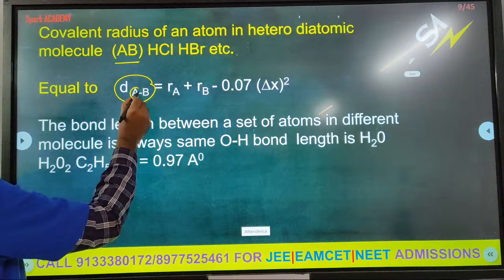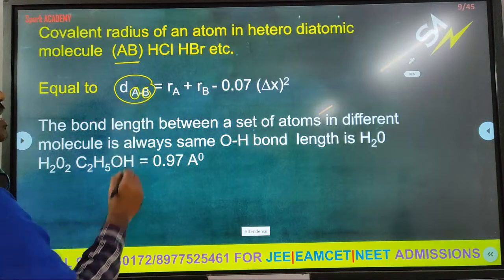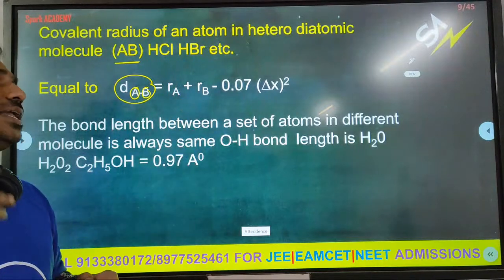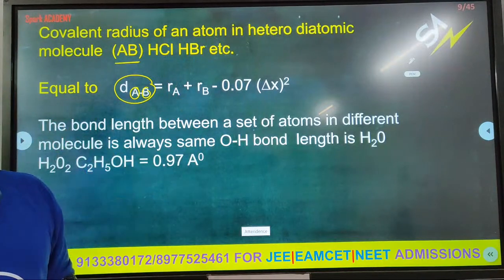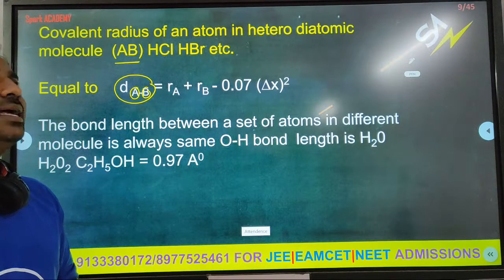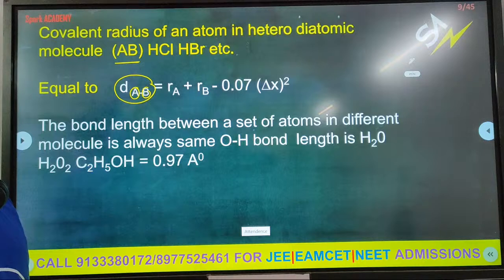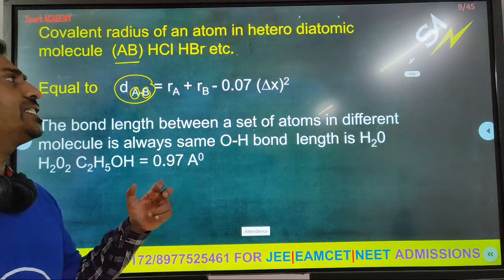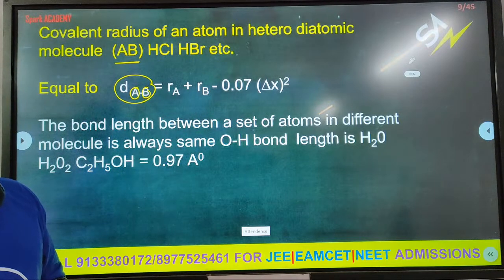The distance d(A-B) between A and B is equal to radius of A plus radius of B minus 0.07 delta x square. What is delta x square here? The electronegativity difference between the two atoms.